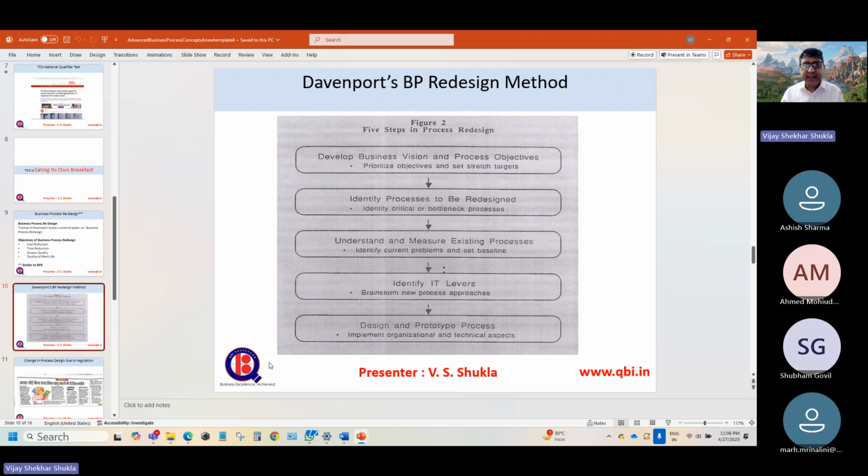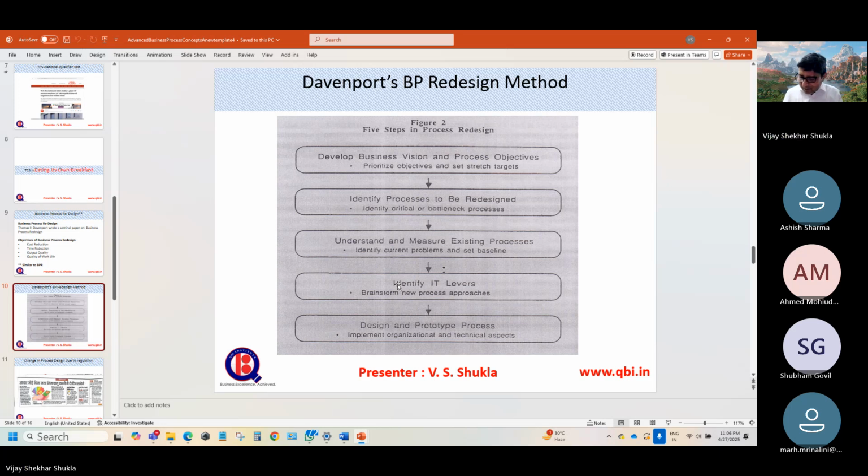You may be identifying some key processes. You may be redesigning them. There has to be a measurement. Then the main thing is this: identify IT levers. How IT can be leveraged to come up with a better process experience in lesser cost, in lesser time, etc.